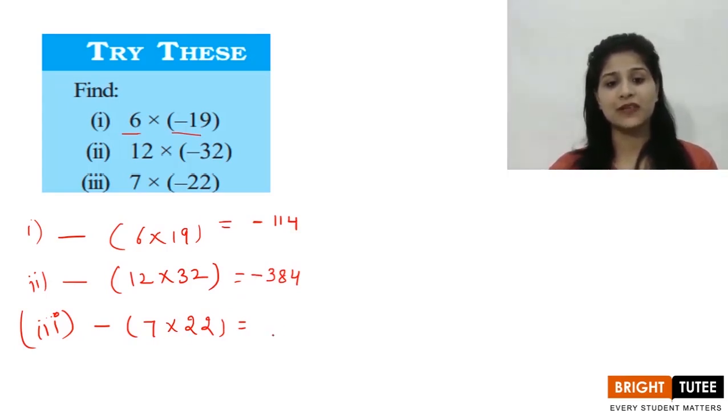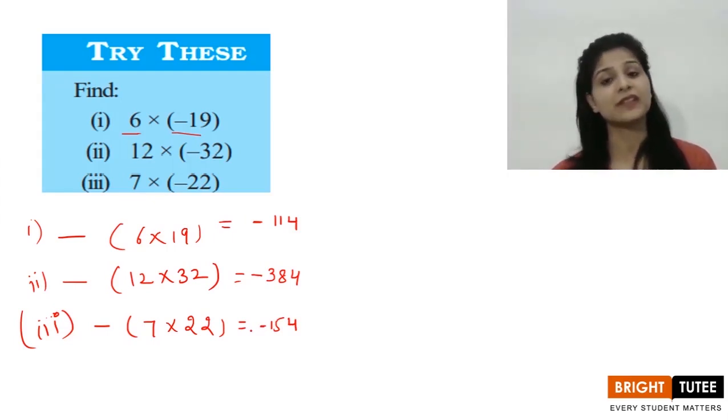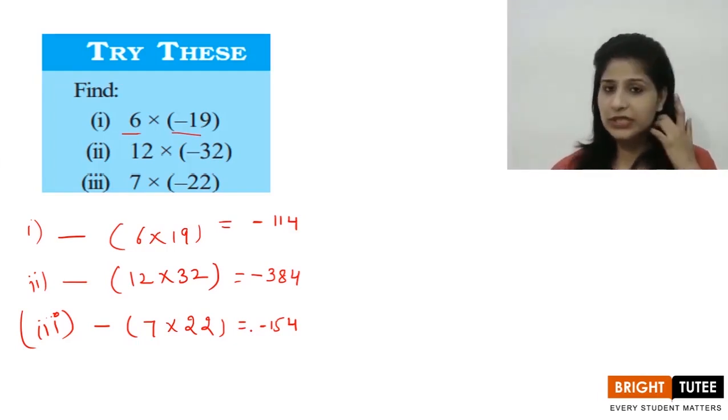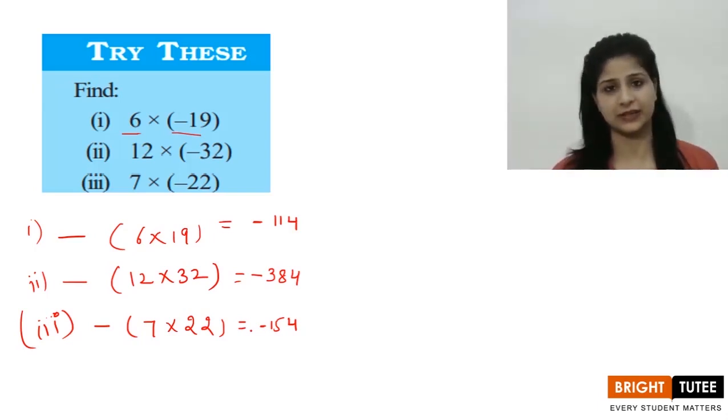Now 7 and 22, 7 2s are 14, and then we get 154, so it is minus 154. So when you multiply 7 and 22, you will get 154, but when we are multiplying a positive and a negative integer, the answer is going to be negative. We have seen it using a number line, we have seen it using this concept of multiplication. So we are going to get a negative sign always in the multiplication of a positive and a negative integer.